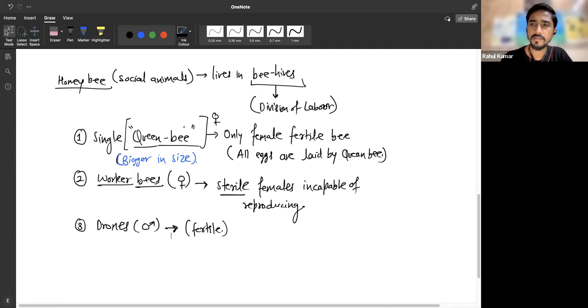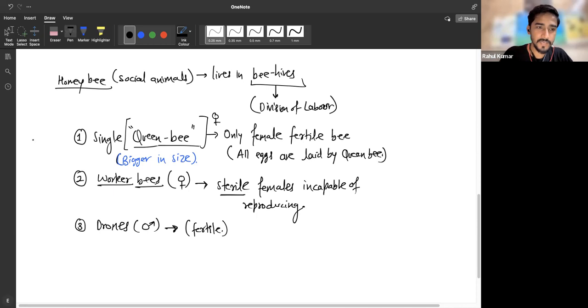Basically, you know what is honey? It's gross to hear, but it's very nutritive. Honey is bee vomit. Bees suck on nectar, then they keep the nectar in their stomach, which is half digested. Then they come back to the nest and regurgitate all the nectar back in those hive cells.